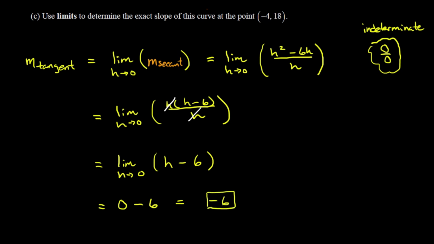Now the weird part is our points really aren't coinciding. We just know what's going to happen if they were able to coincide, because remember, it's still based on a secant slope. That's pretty abstract, but just remember, the limit is saying as the distance between those 2 points goes to nothing, we know the slope of this tangent is going to get closer and closer and closer to minus 6, so we can be confident that this is the slope of our curve, our tangent slope, at that ordered pair, which I've long since forgotten.